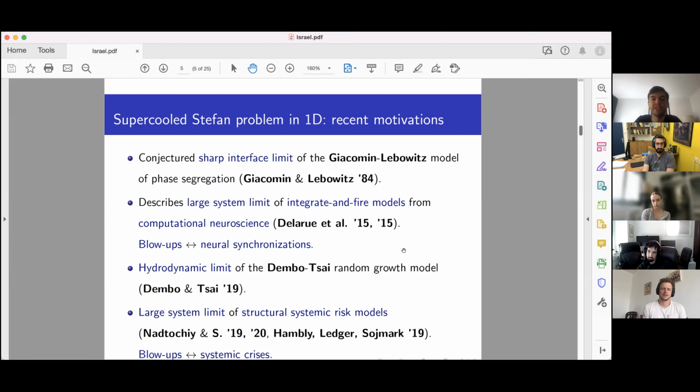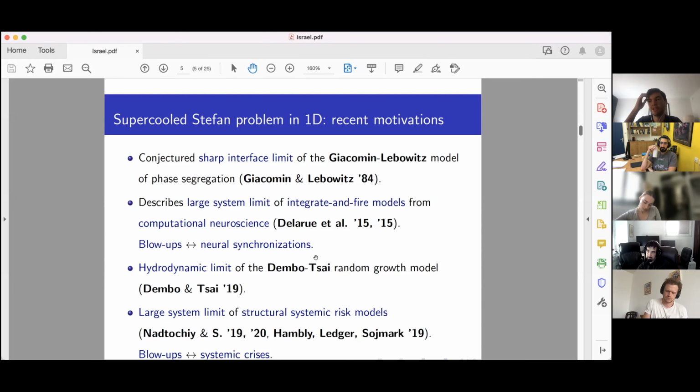So one place is neuroscience. I'll refer to papers by Francois Delarue and his co-authors, where this problem came up in the context of an integrate and fire model in neuroscience, and where these blowups again have a natural interpretation.